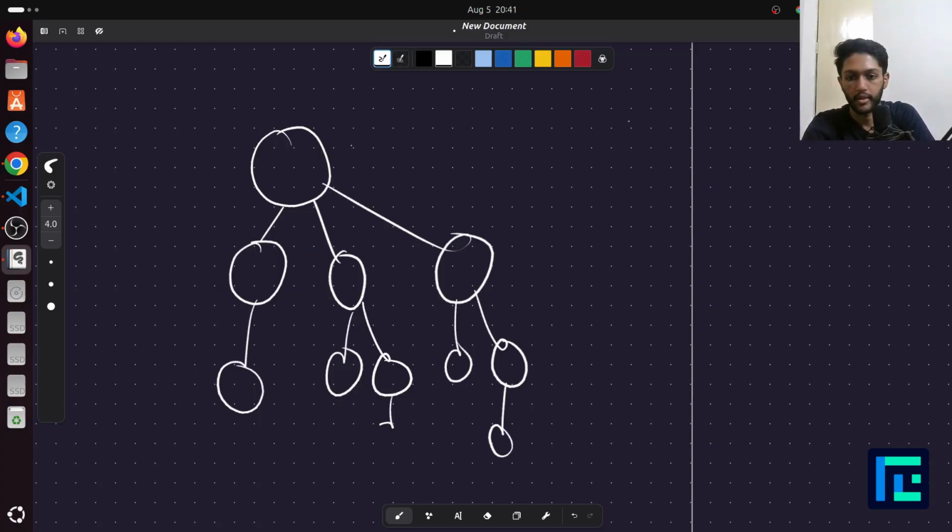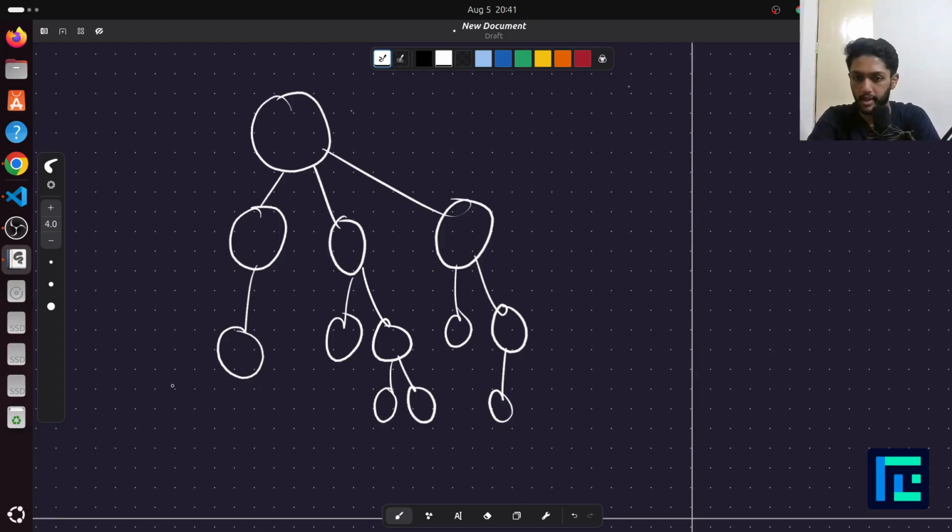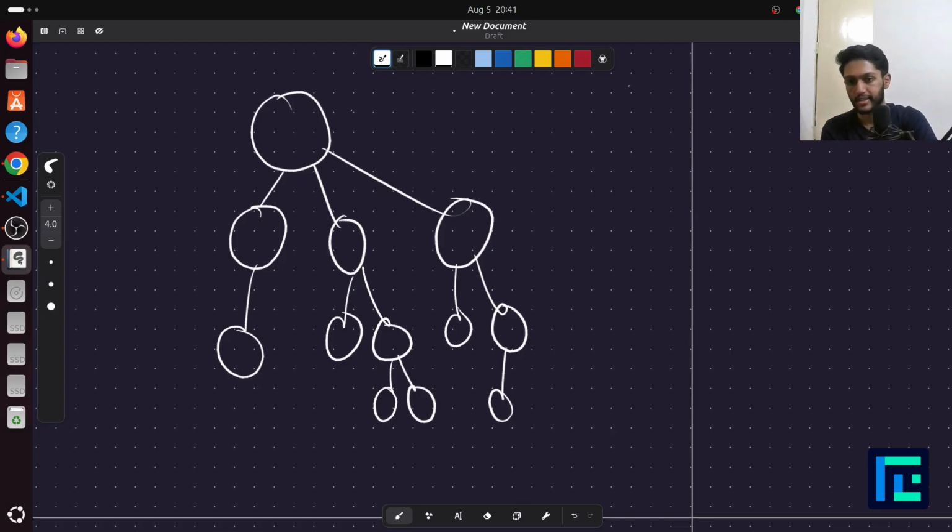Now they are saying that on some nodes 1 is written, and on some nodes 0 is written. So let's say something like this is there.